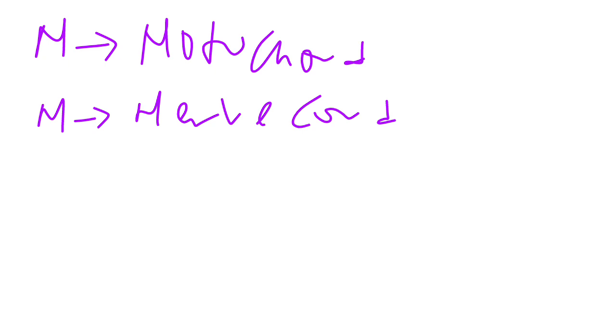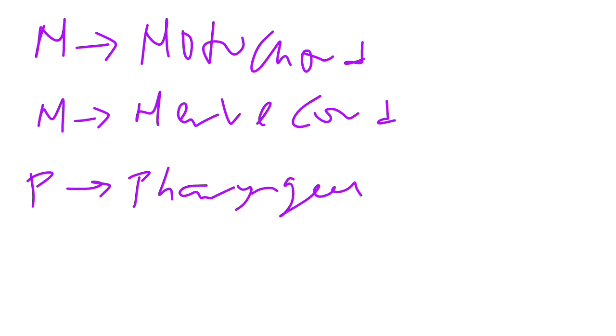And we have the pharyngeal slits, which in tetrapods develop into the tonsil, eustachian tube, middle ear cavity, and the parathyroid gland.